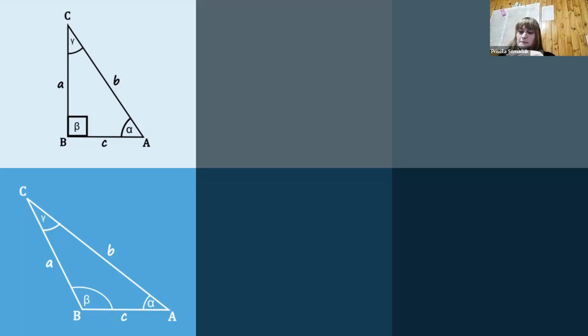So, why is that? Well, I don't know if it's a theorem, but I think it's more of a law that when you add all the angles inside a triangle, it must add up to 180. So let's go to the rectangle triangle. 90 plus 45 plus 45 will be 90 plus 90, 180.